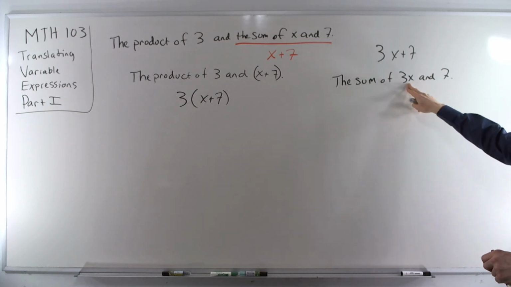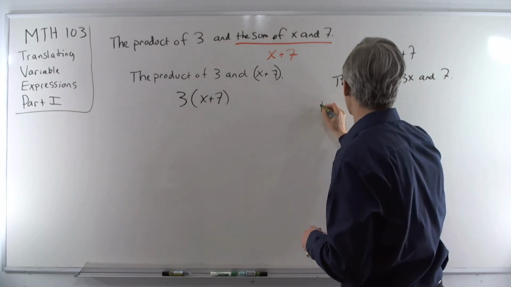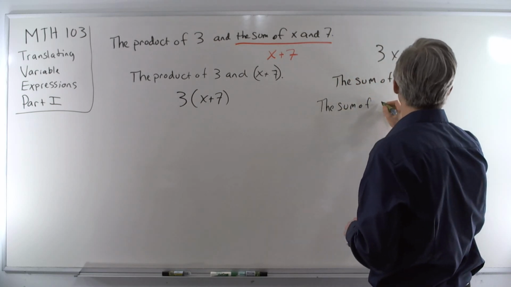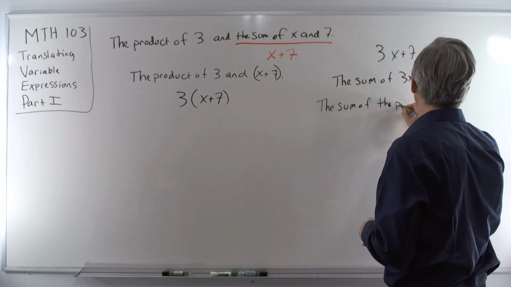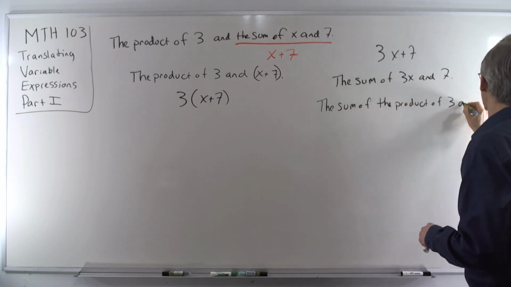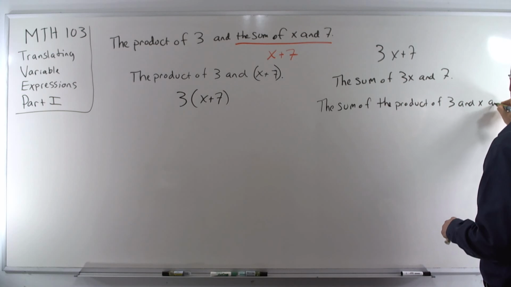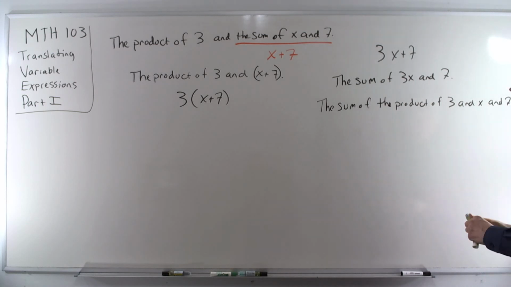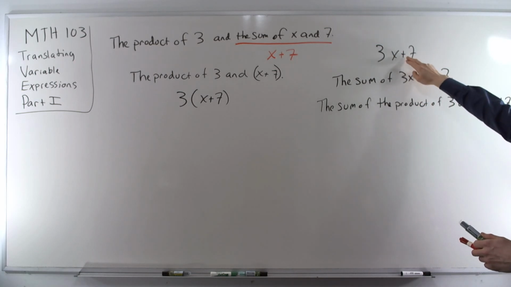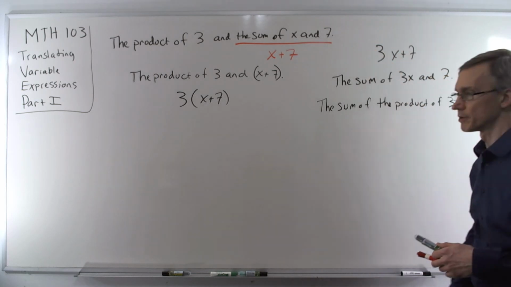Then we need to break this thing up into the sum of the product of 3 and x and 7. And that does not match what we started with. So this would be an incorrect translation of what we started with.